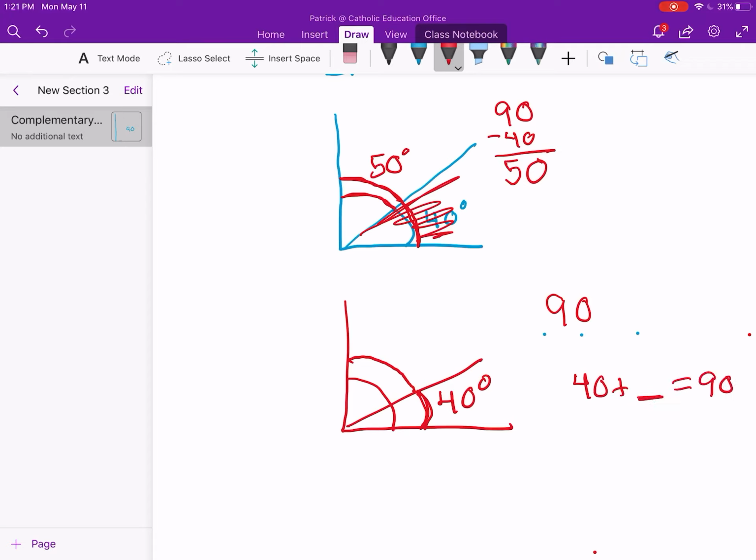And you can kind of count by tens and count up. If I know 40 plus 50 equals 90, I've got it. This way here is a little easier when I'm subtracting. It's a little bit easier to get the right answer, especially if it was like 42 degrees, more complicated numbers.